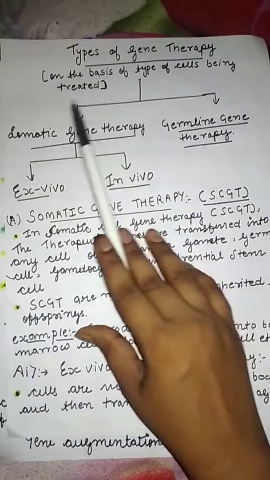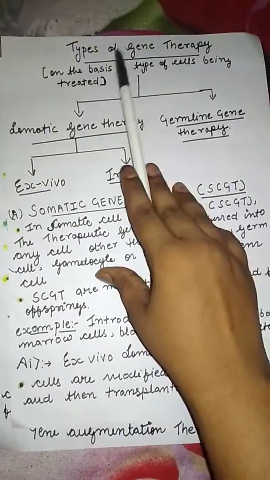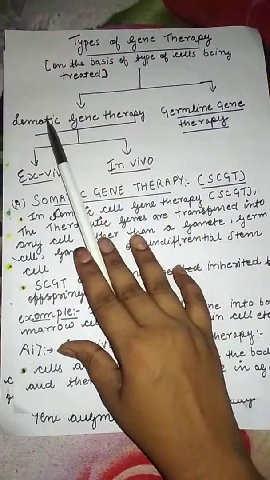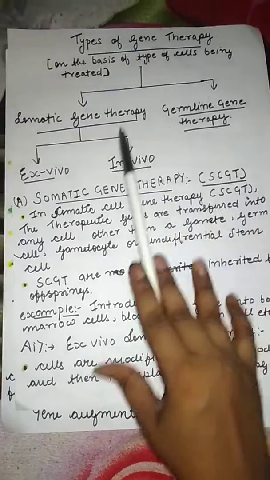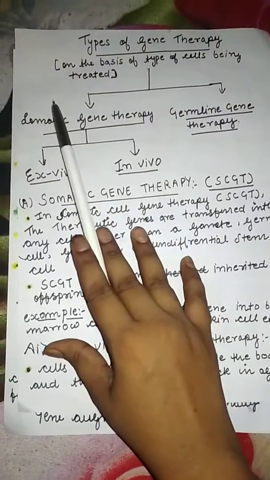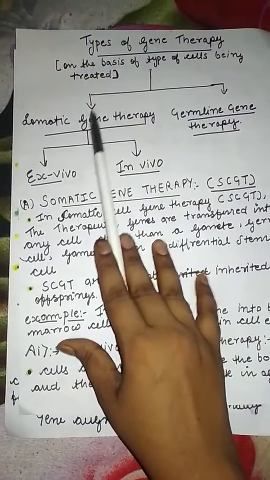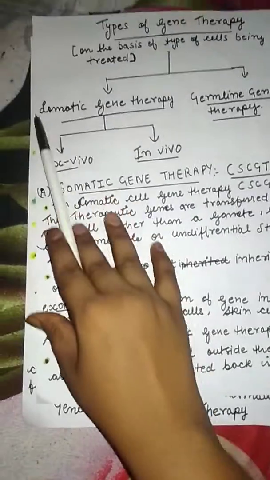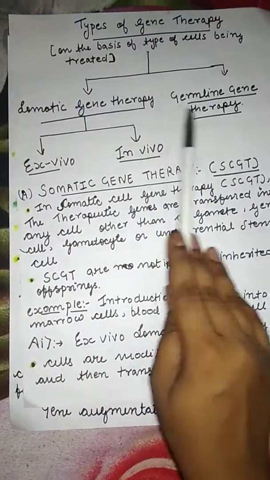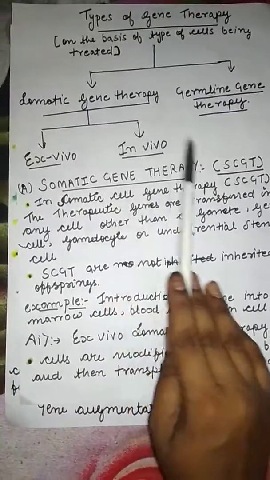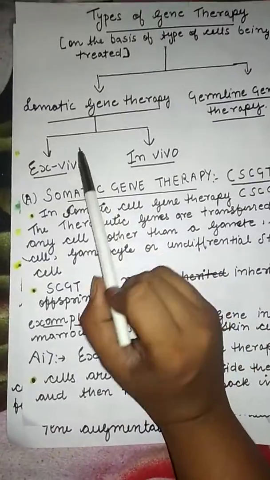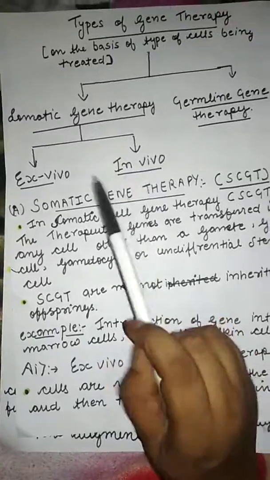because the classification has been done on the basis of the type of cell being treated. So let us see again the types of gene therapy: somatic gene therapy and germline gene therapy. Somatic gene therapy is performed on a somatic cell, which is any cell other than a germ cell in the body. Somatic gene therapy is further divided into ex vivo and in vivo.